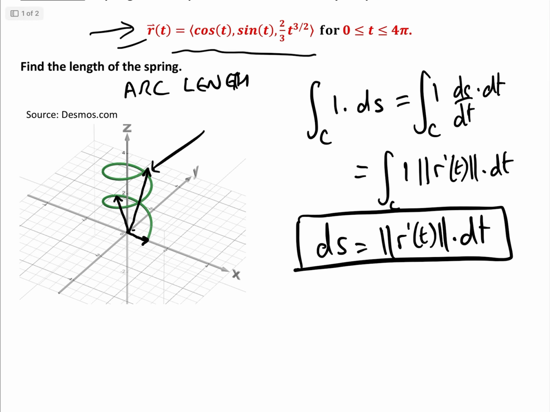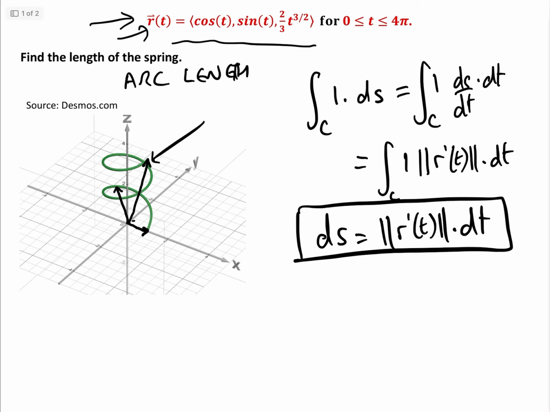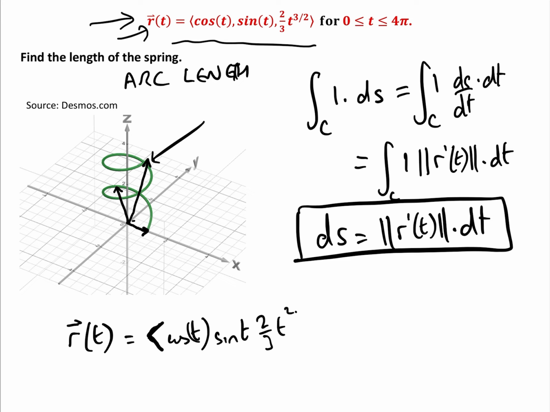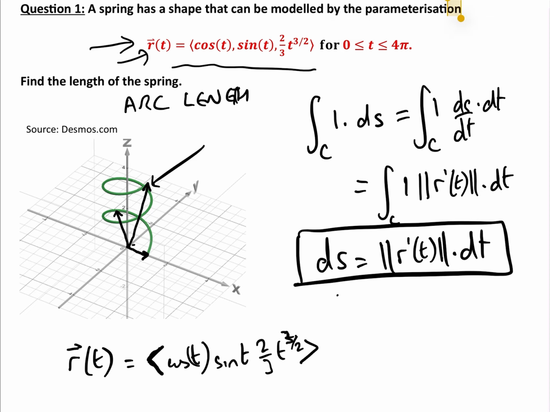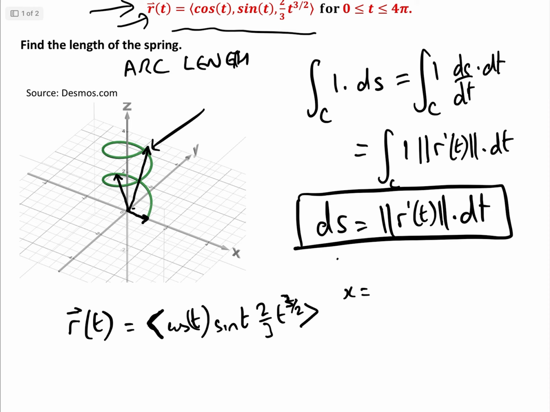So here's the parameterization. Let's write that. The vector r of t is equal to the vector cos t, sine t, 2/3 t to the 3 over 2. That is exactly the same thing as saying x equals cos t, y equals sine t, and z equals 2/3 t to the 3 over 2.